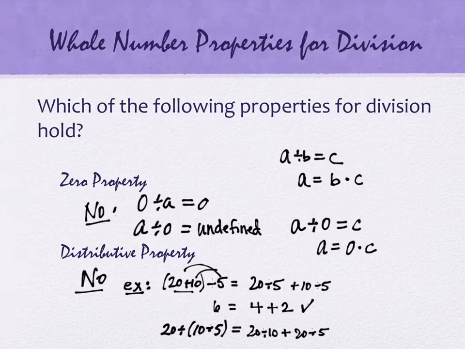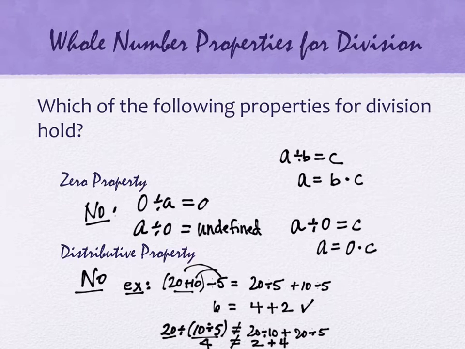Okay, well 10 divided by 5 is 5, right? In the parentheses. And what is 20 divided by 5? It's 4. On the right-hand side, what's 20 divided by 10? 2. And what's 20 divided by 5? 4. 4 does not equal 6, right? This one didn't work. So it didn't work in both directions.